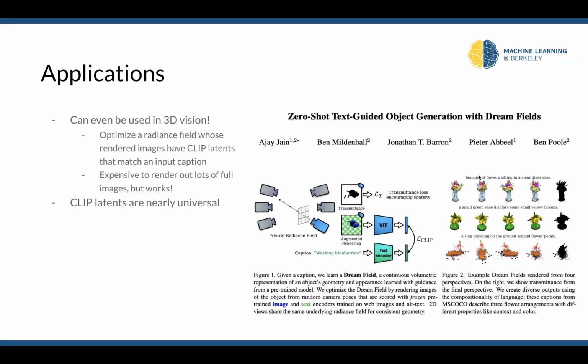All we had to go off of was the CLIP embedding for the caption, bouquet of flowers sitting in a clear vase. And we were able to generate a neural radiance field whose rendered images also, after being passed through our image encoder, give us the same latents. The fact that it clearly works is pretty incredible.